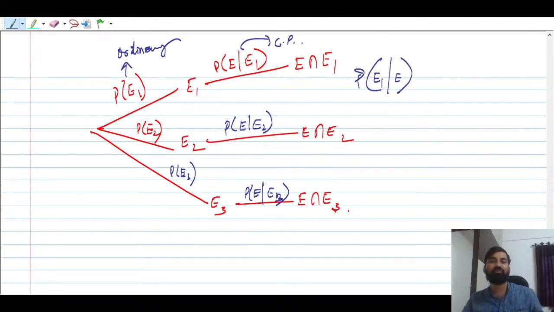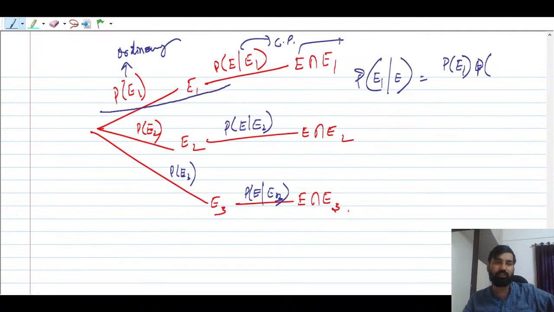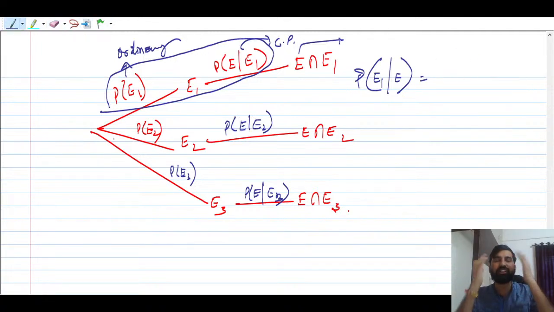E is nothing but the probability of getting head. So this can be written as the probability of E1 times the probability of E given E1; just multiply these two probabilities, and in the numerator you put this. Let me write it properly. I'm not thinking while writing the formula, blindly I'm writing, guys, just like this, by closing your eyes, since you have drawn this sequential description.